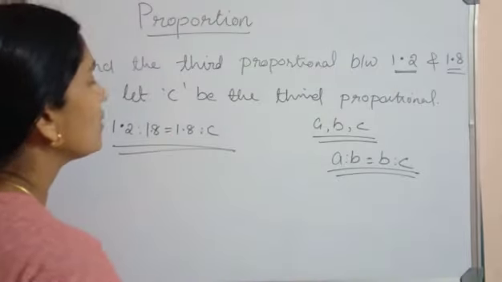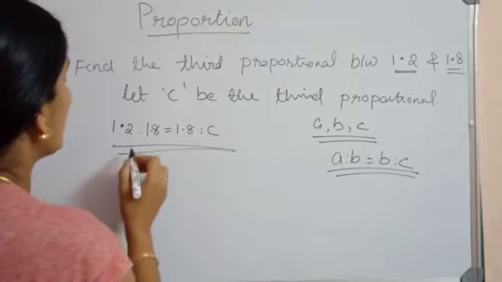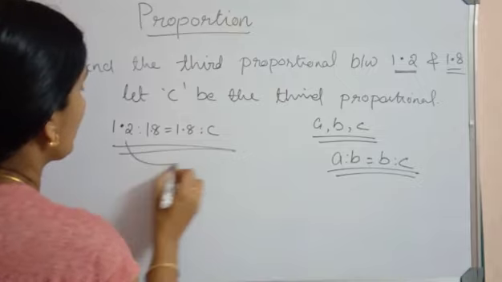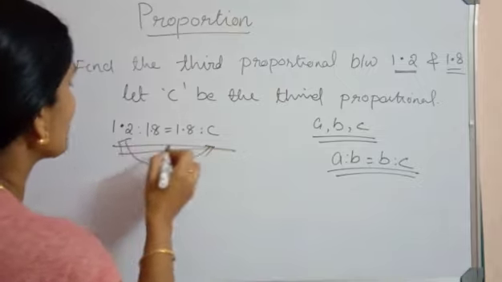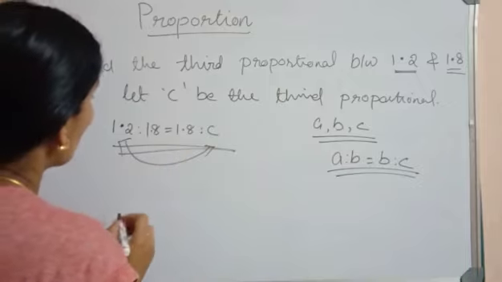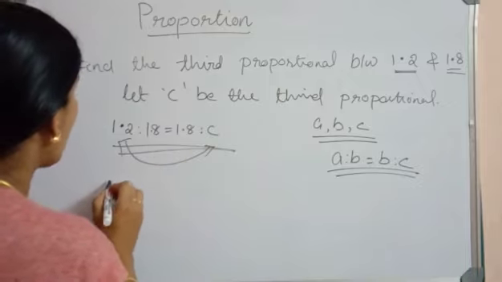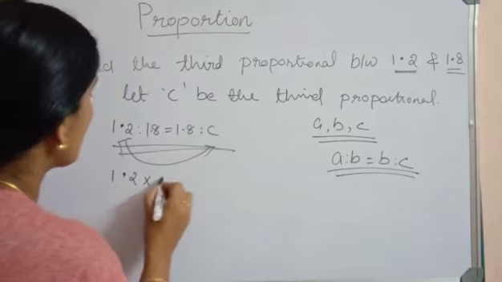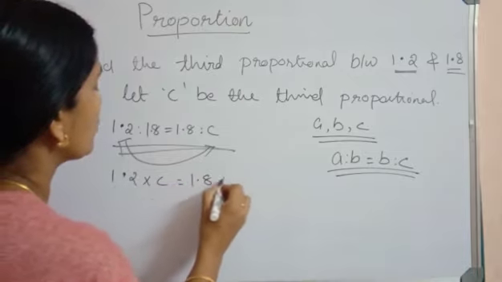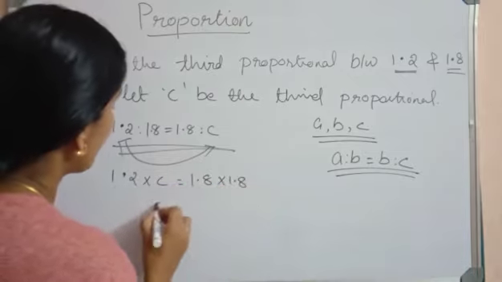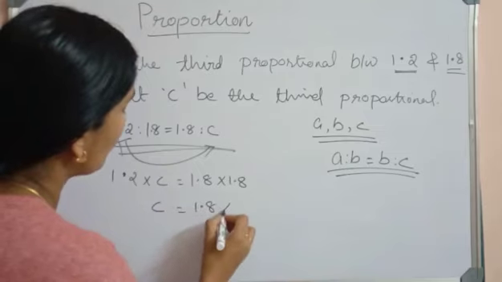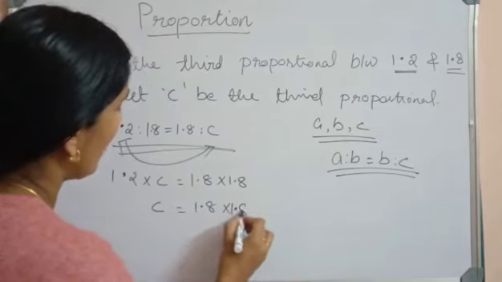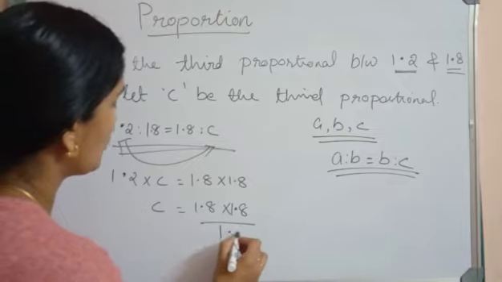So C can be the third proportional. Now as the result, the product of the extremes is equal to the product of the means. We can find the value of C. So let's write this: 1.2 into C is equal to 1.8 into 1.8, and C is equal to 1.8 into 1.8 divided by 1.2.